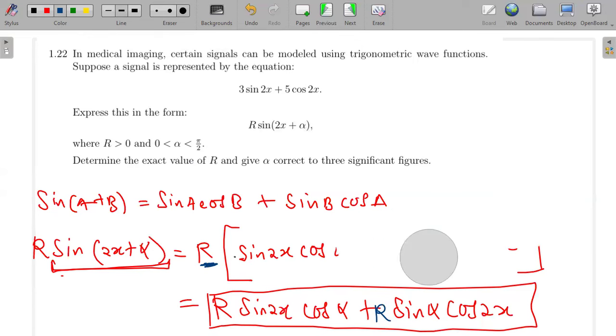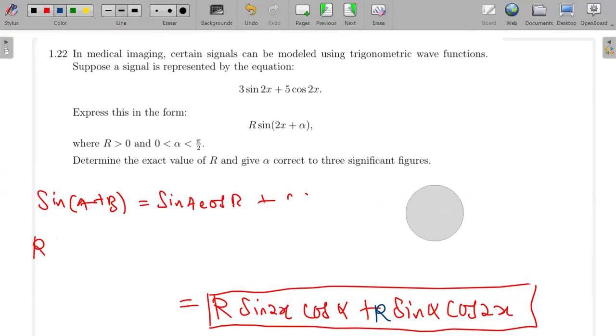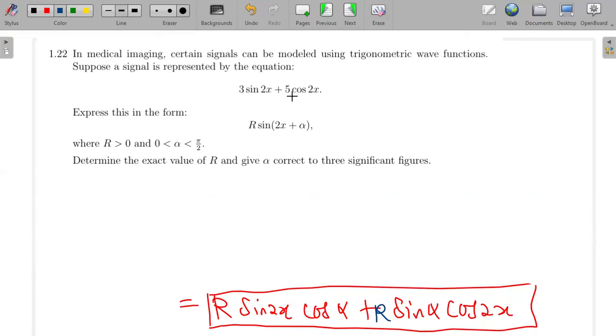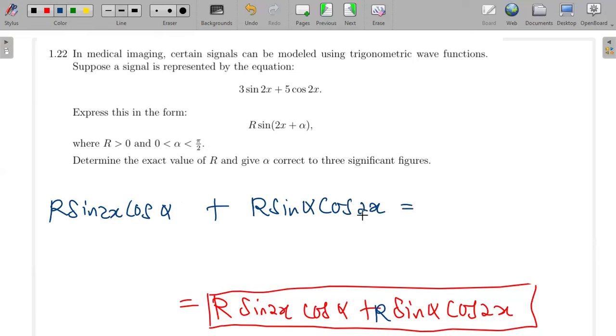And then now we can equate: r sine 2x cos alpha plus r sine alpha cos 2x is equal to 3 sine 2x plus 5 cos 2x.